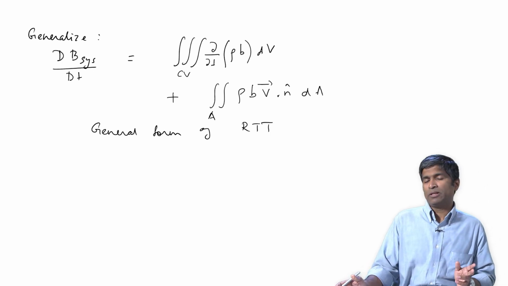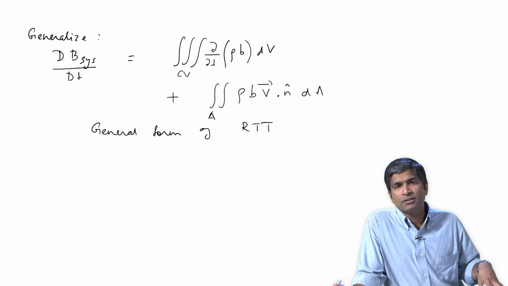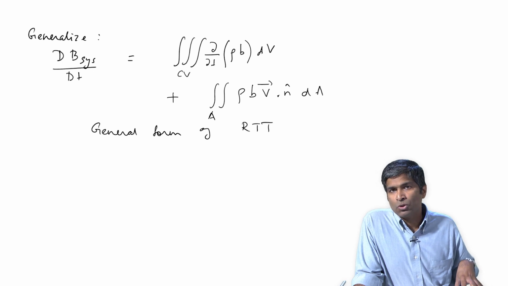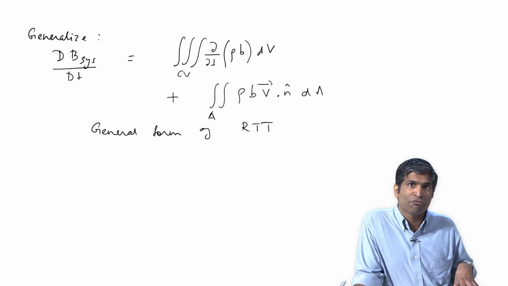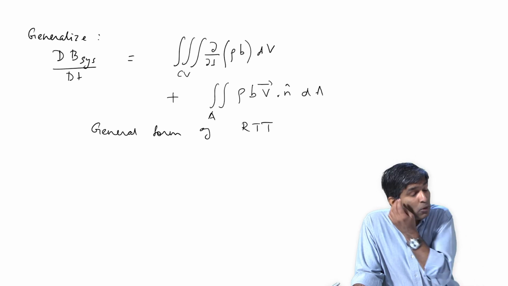And this does nothing but reiterate the fact that whatever happens to the control mass, whether it's mass, momentum, or energy, the way it changes can be related to the change in the control volume, so long as we are keeping track of how the control volume conditions themselves are changing, plus whatever is entering or leaving the system as a result of mass flowing out.